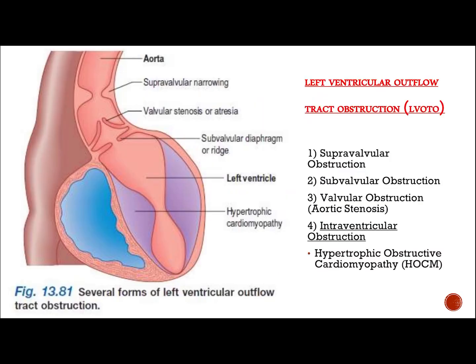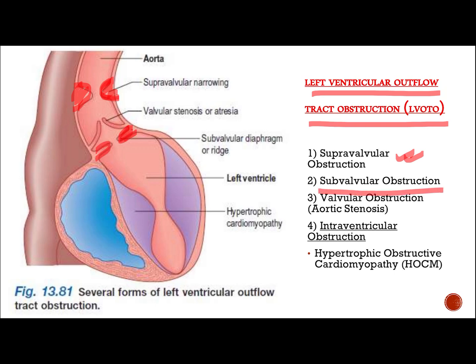Now aortic stenosis is one of the most important causes of left ventricular outflow tract obstruction, known as LVOTO. Left ventricular outflow tract obstruction has lots of causes. There could be a supravalvular obstruction, a congenital supravalvular ridge, which we can see in the image, causing obstruction to the outflow. There could be a subvalvular obstruction, a congenital ridge below the aortic valve, causing an obstruction.